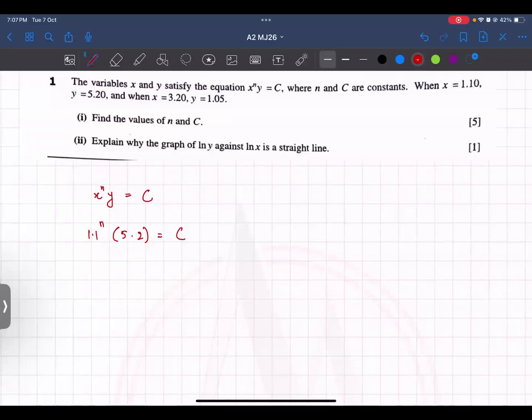The other one would be 3.2 power n into 1.05 is equal to c again. And now you can solve this simultaneously. The c and the c can be substituted. So 1.1 power n times 5.2 is equal to 3.2 power n times 1.05.